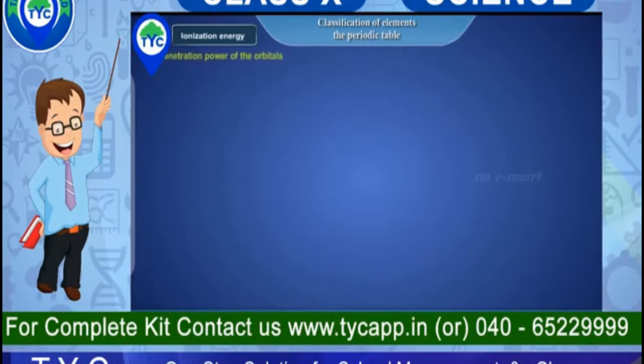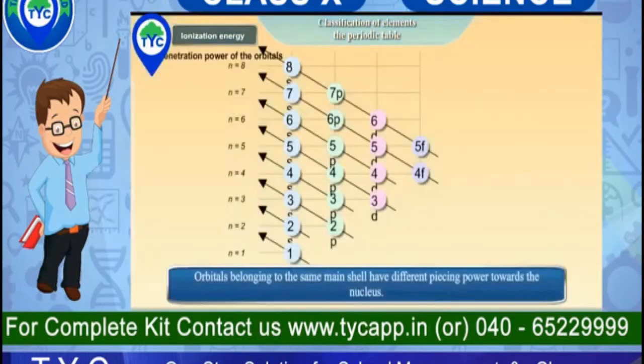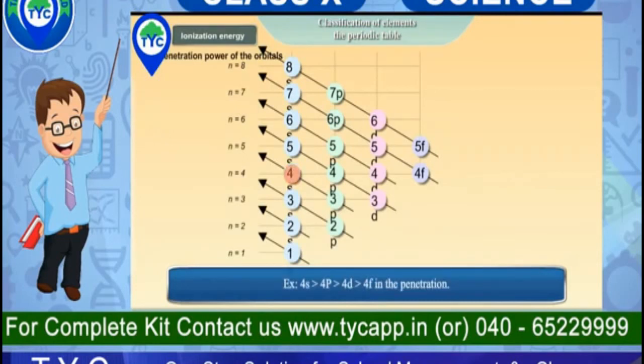Penetration power of the orbitals. Orbitals belonging to the same main shell have different piercing power towards the nucleus. Example, 4s is greater than 4p, greater than 4d, greater than 4f in penetration. It is easier to remove a 4f electron than a 4s.